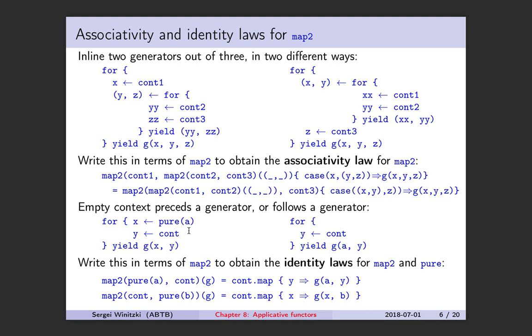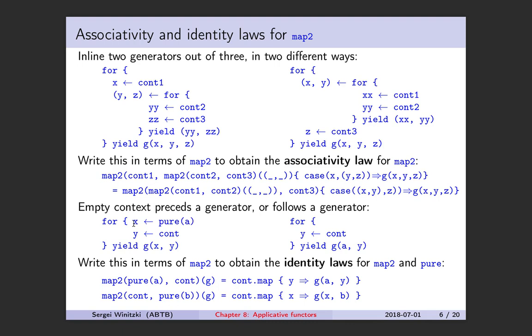So then we have the left and the right identity laws, because the pure or the empty context can precede a generator, or it can follow a generator. So in both of these cases, we have this equivalence, and so these two laws are written like that.